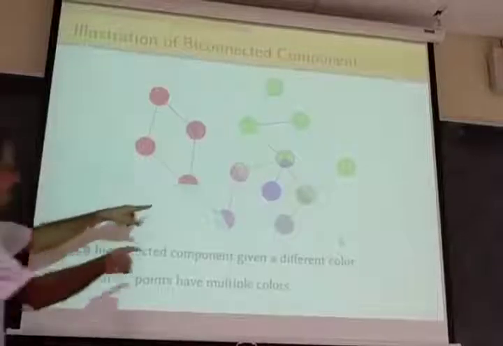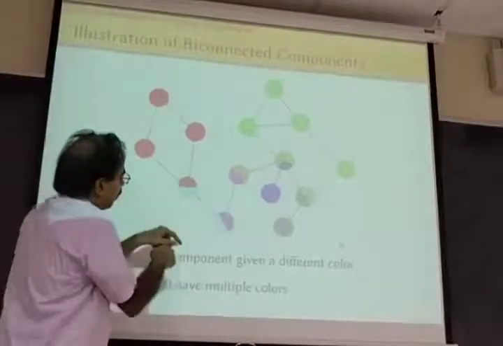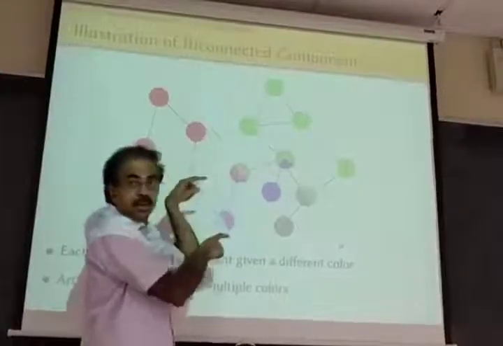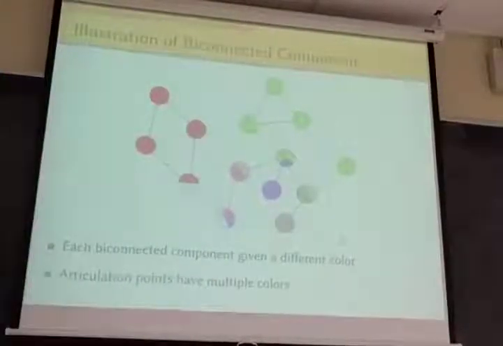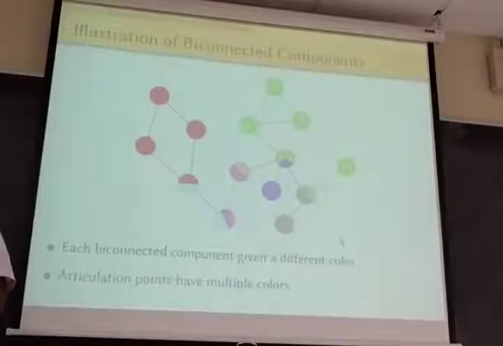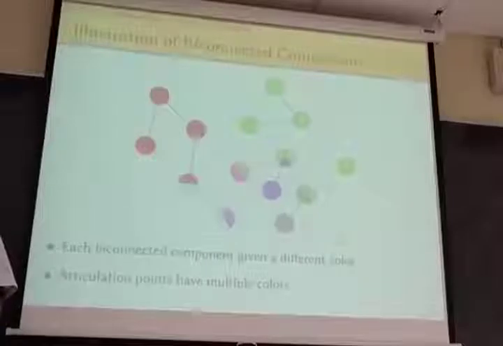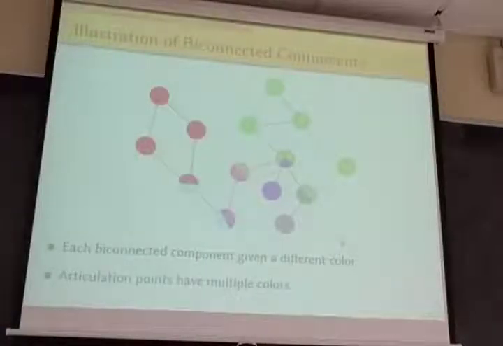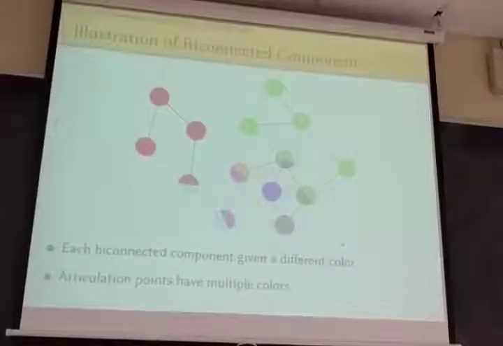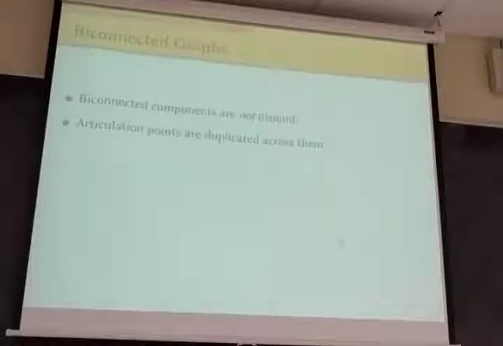So that's why this itself will be an independent bi-connected component, and this will be another bi-connected component, and so on. Okay, so bi-connected components are interesting when you have more than 2 vertices involved, because then you have to have a path between 2 vertices that involves at least one other vertex, right? So that's why bi-connectivity is more interesting when you have more than 2 nodes in a component. Okay.